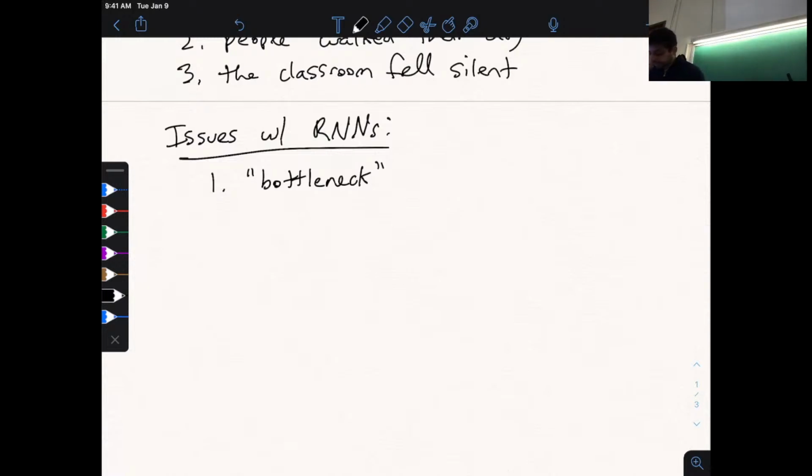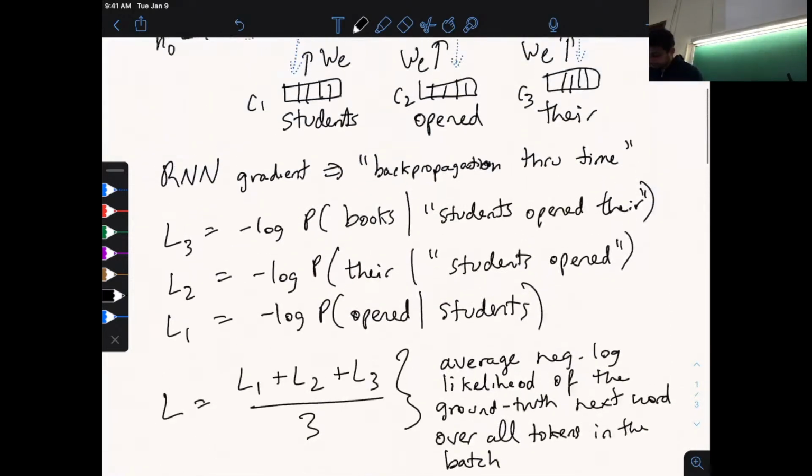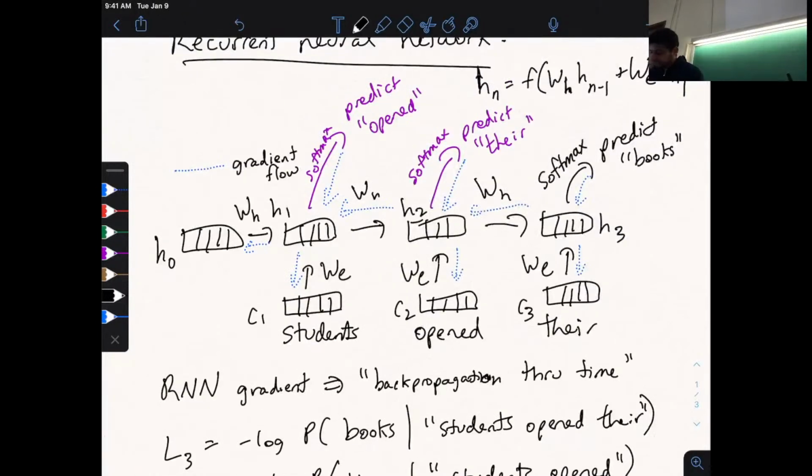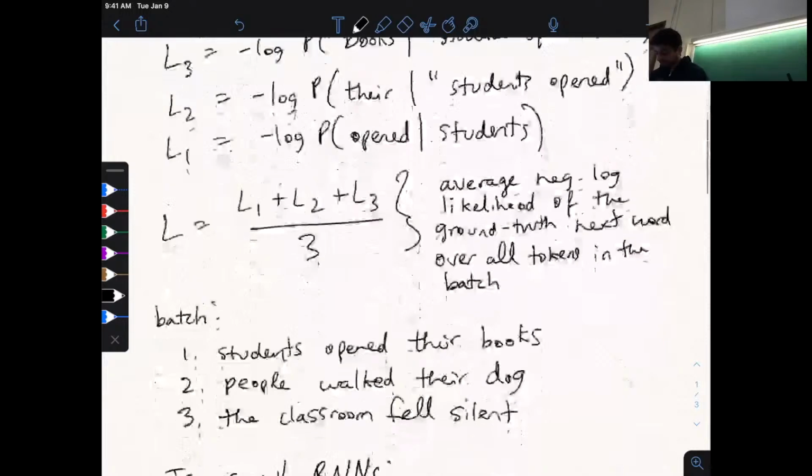So if we see up here, we're predicting, let's say at time step 3, the word books, right? What are we feeding into our softmax layer? It is just h sub 3, this hidden state, right? So this single vector is responsible for encoding every bit of important knowledge about this prefix. There's just one vector responsible for doing this.